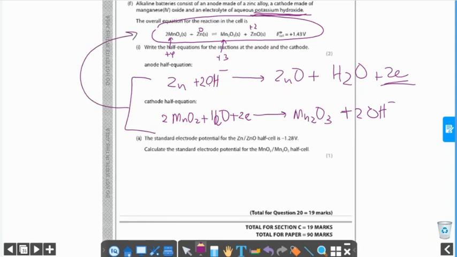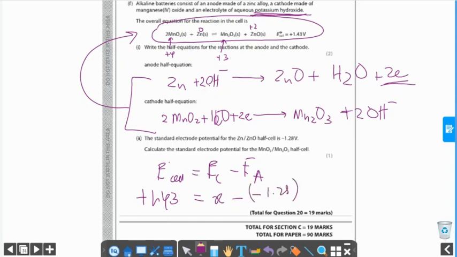The standard electrode potential for the zinc oxide half cell is minus 1.28. Calculate this. So E cell equals E cathode minus E anode. E cell is 1.43. Cathode is where reduction takes place, and we need to find that one, so I'll take this as X. Anode we already know, minus 1.28, so minus becomes plus.